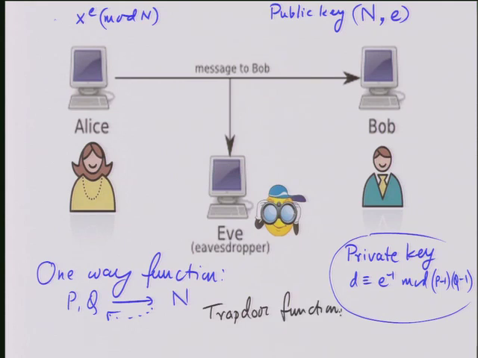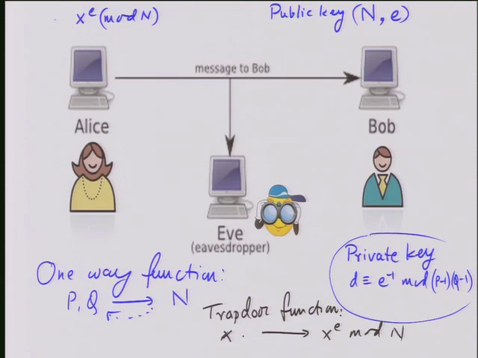Okay, you start with this one-way function, PQ versus N, and now you create this trapdoor function. Given X and E, you compute X to the E mod N. Sorry, so let's say you map X mod N to X to the E mod N, right?